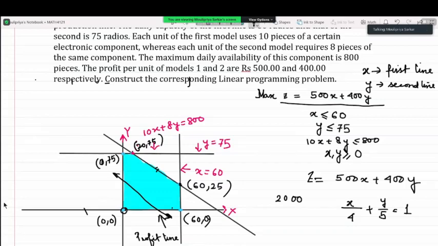Now tell me one thing. Since this is the profit line and we want maximum profit, your target would be to shift the profit line away from the origin.